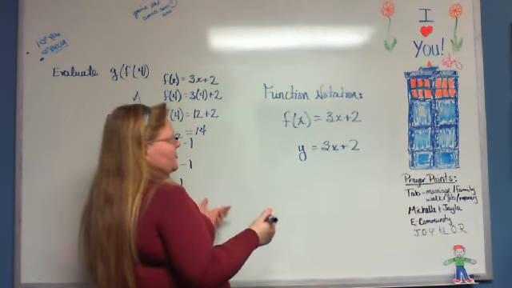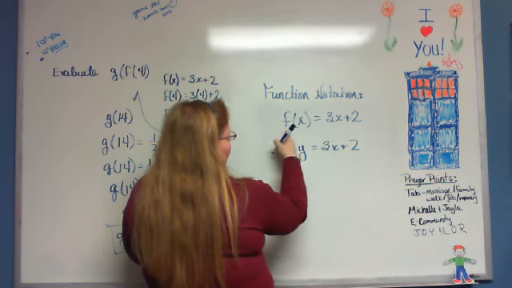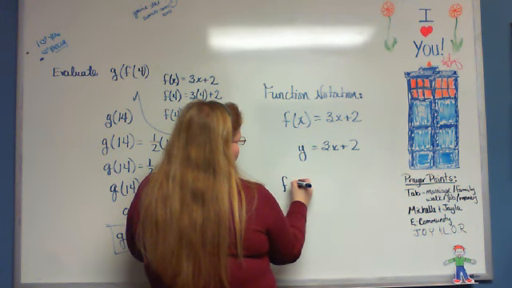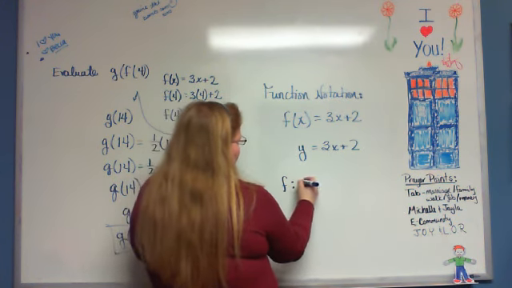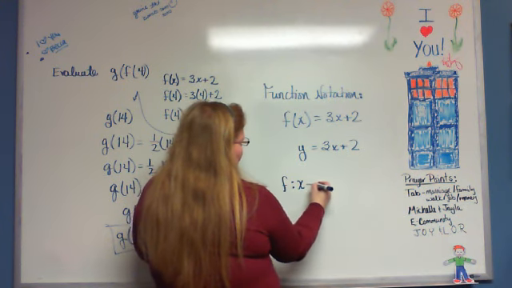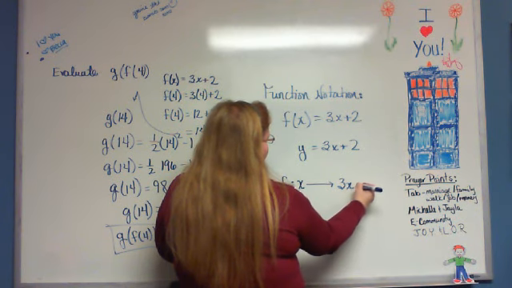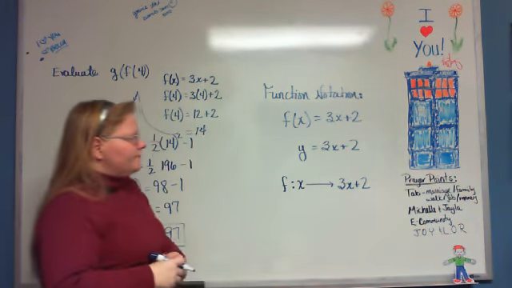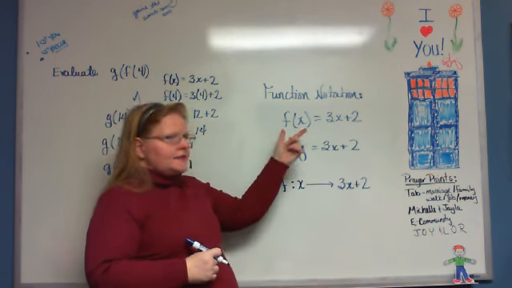However, there's another way you can write function notation. This one up here, instead of writing f of x like that, you can write f and then the colon, of x, for 3x plus 2. It means the exact same thing as this.